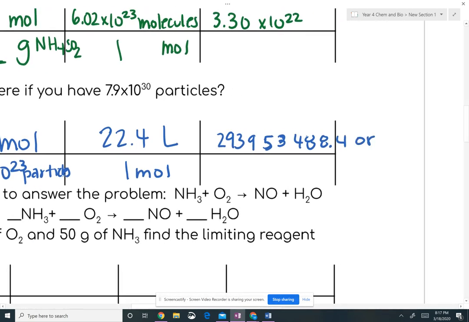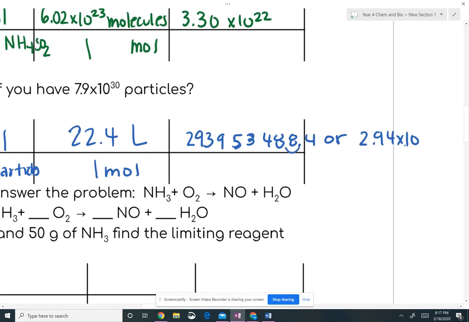Or you might get a number that looks like this, which is 2.994 times 10 to the 8th power liters, right? So that would be the thing that you guys get on here.